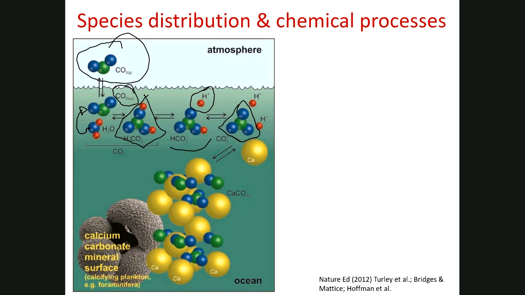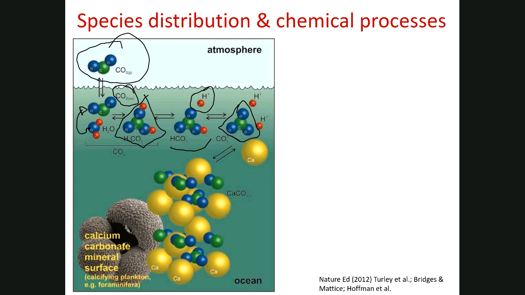There will be a certain proportion of all those species at any given time in a water body, and the exact quantity will be determined by the very nature of the species and also the conditions around them, temperature, pressure, etc.